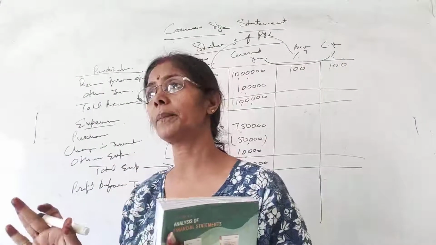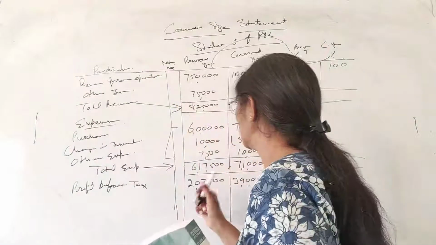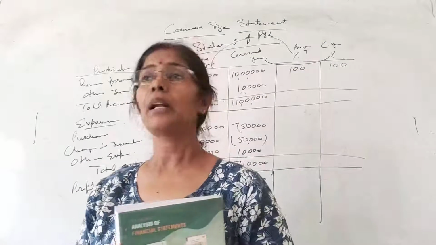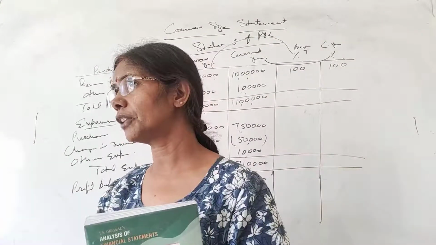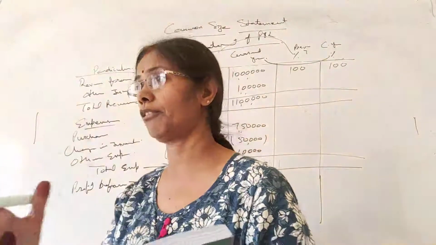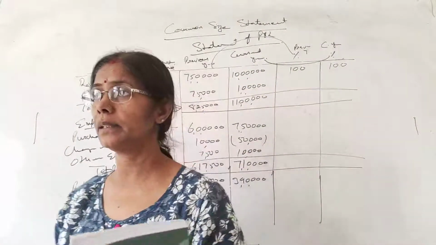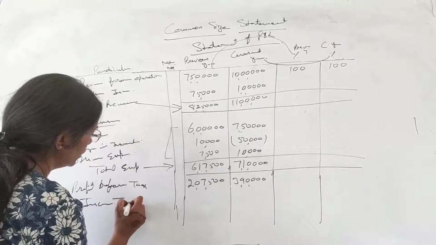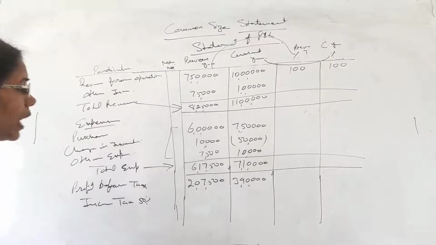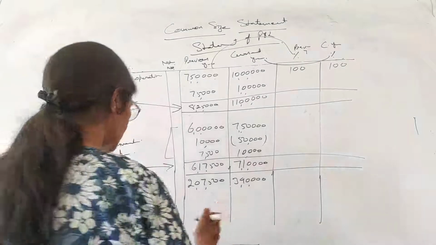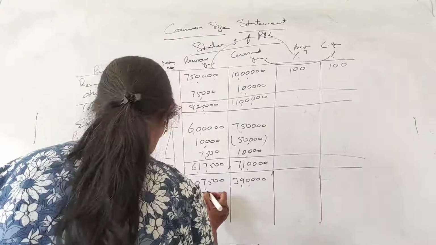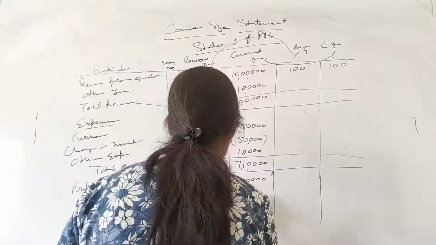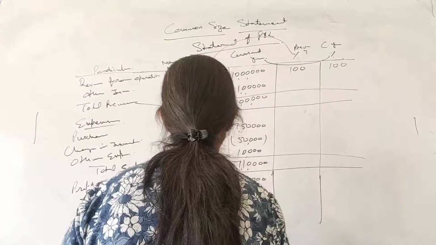Sachin, are you getting how we are doing? Hasim, do you understand, son? So this is the profit before tax. Now the tax rate is given 50%, means you will give the whole half for tax. So this is your income tax, 50%, just half of this. This comes 1,03,750, and here this comes 1,95,000.